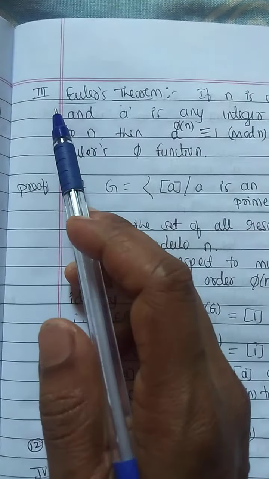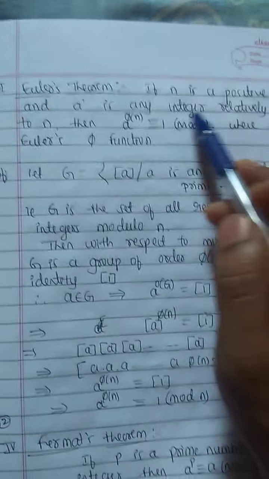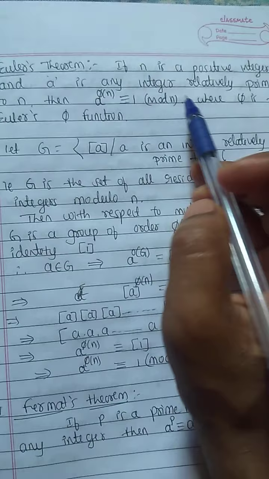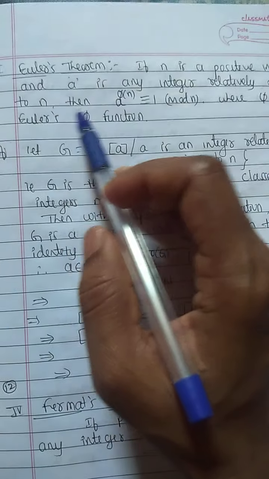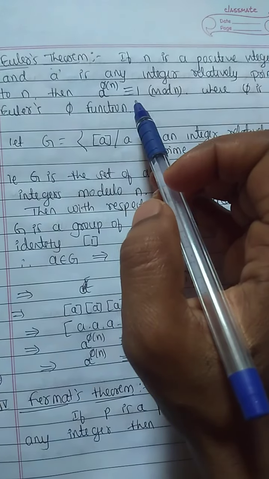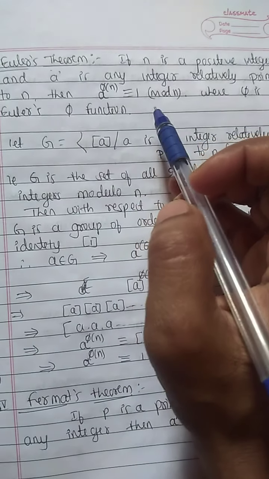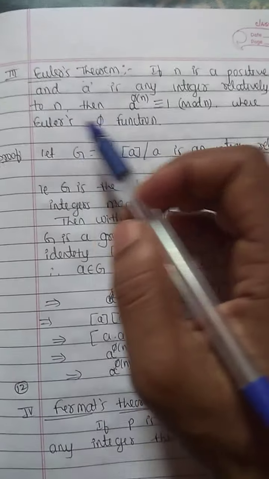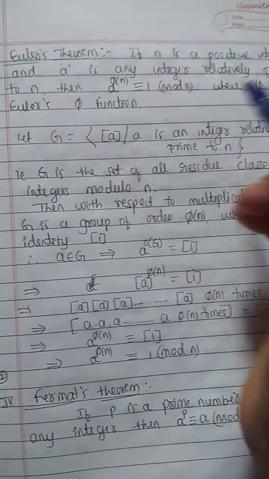Next one, Euler's theorem. If n is a positive integer and a is any integer relatively prime to n, then a power phi of n is congruent to 1 mod n, where phi is Euler's phi function.